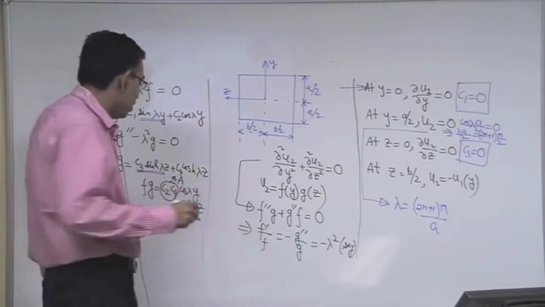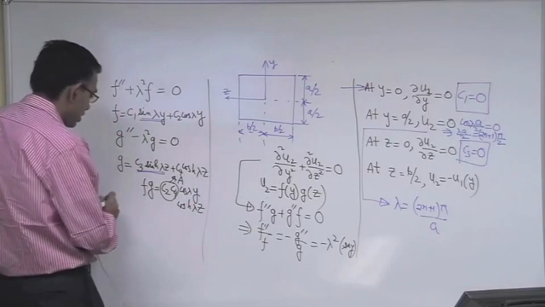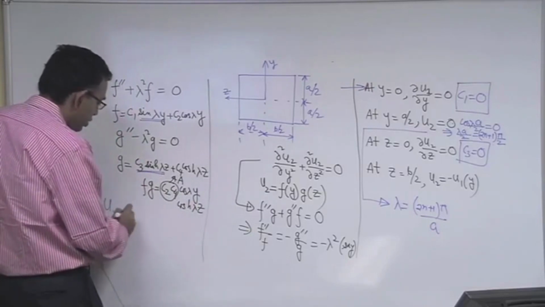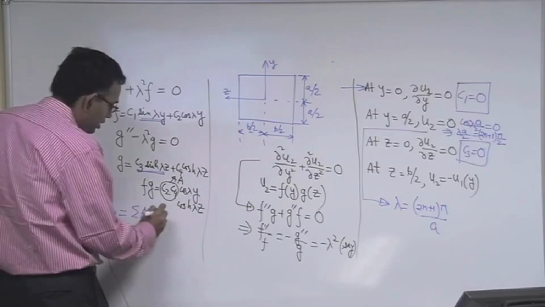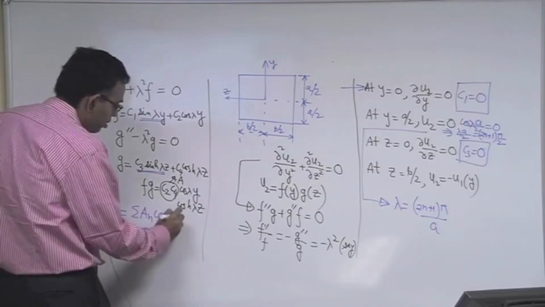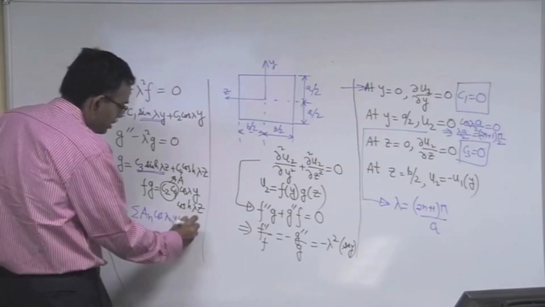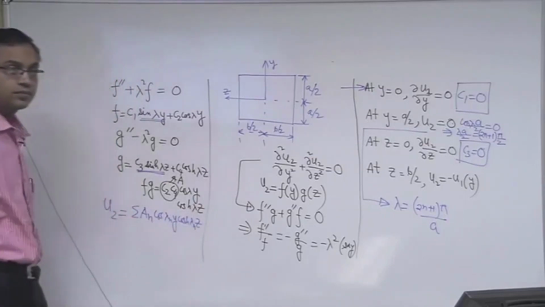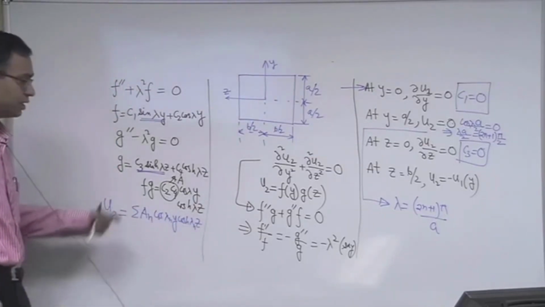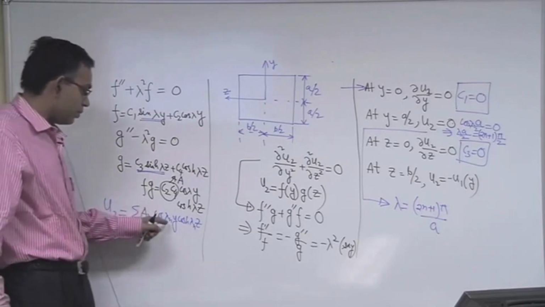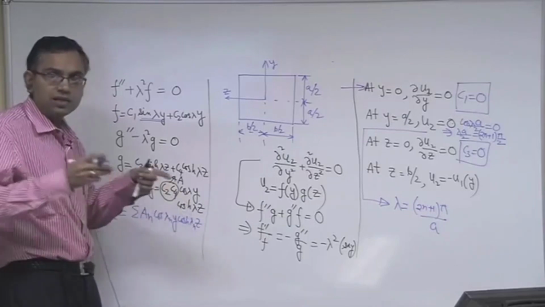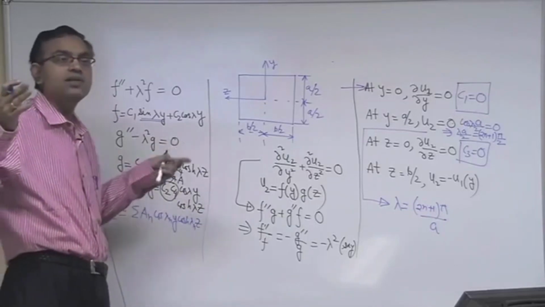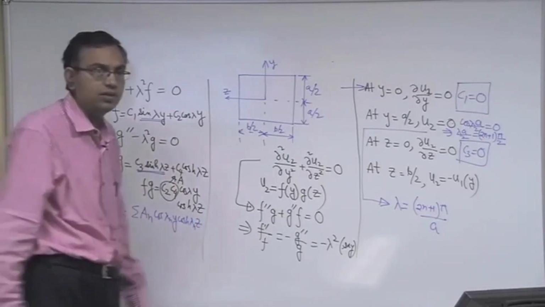So, instead of writing the solution in this way, we will write u2 is equal to summation of a n cos lambda n y cos h lambda n z, right. The reason is pretty clear, that for each value of n you have a corresponding solution. The resultant solution is a linear superposition of all these solutions, because the governing differential equation is linear.